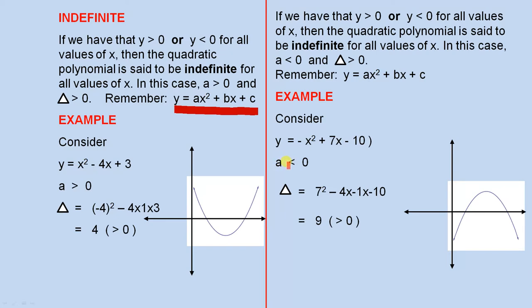You can see a is less than 0 because it's negative 1. The discriminant b squared minus 4ac comes out to be 9, and that's why the parabola cuts the x-axis in two places. It has that orientation, and the y values are either positive or negative for all values of x.